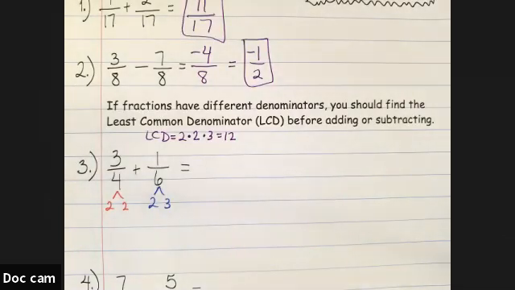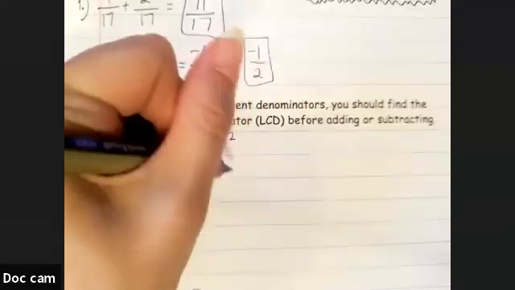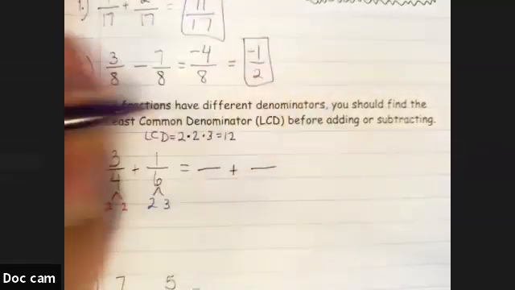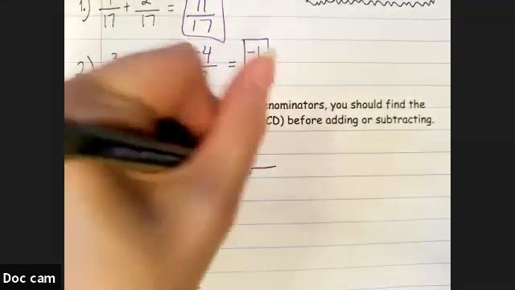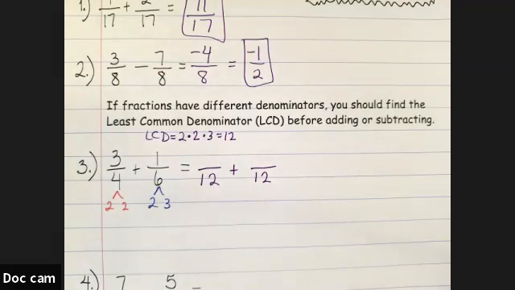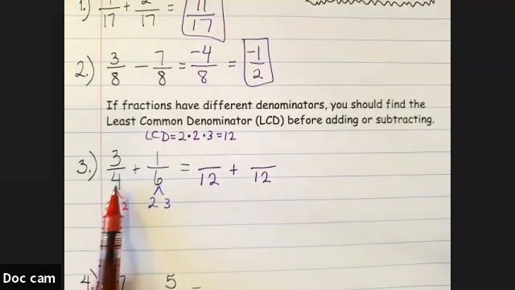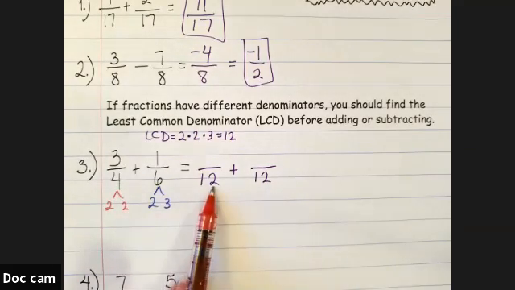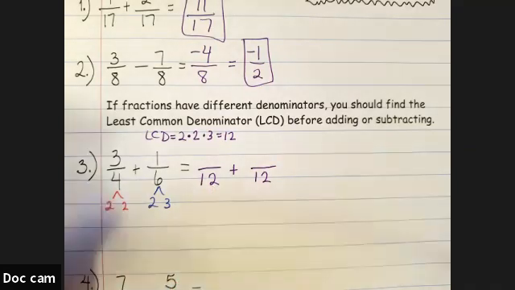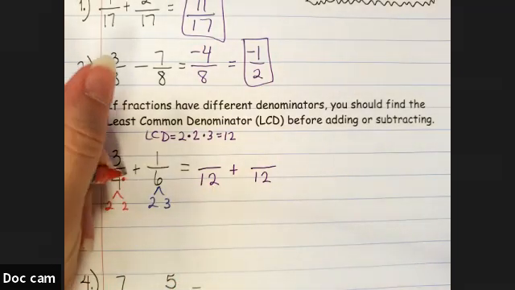So that's your LCD. Then you just need to figure out a way to write each one of your fractions where your denominator is 12. So ask yourself, what do I have to multiply with 4 to get 12? We know that's going to be 3.